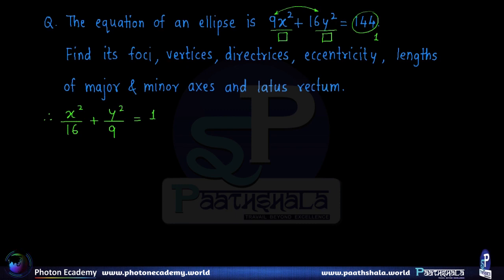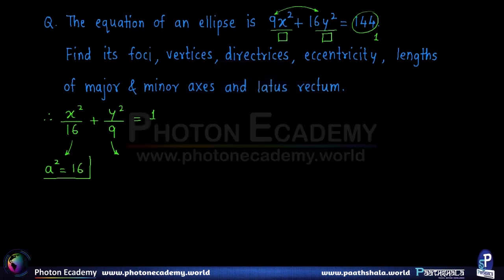So comparing with the standard, we have a square equal to 16 and b square as nothing but 9. So we immediately have a is equal to 4 and b is equal to 3. These are the important parameters.